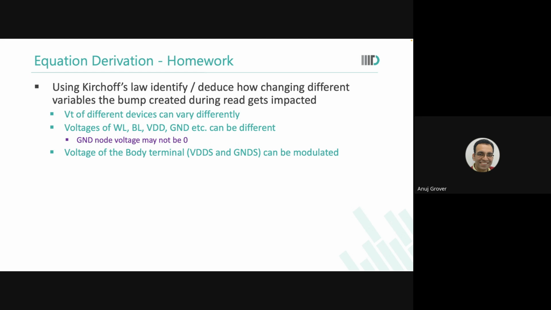Are you with me? This was what we discussed. And we said Vx has to be as low as possible. Why do we want Vx to be as low as possible?